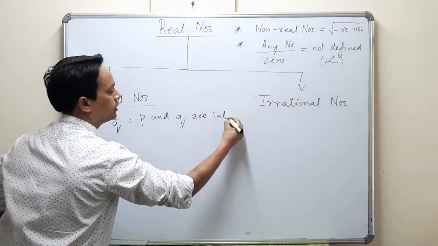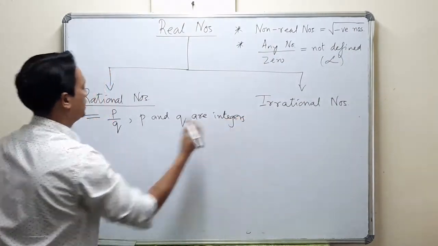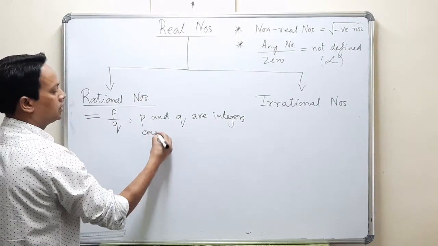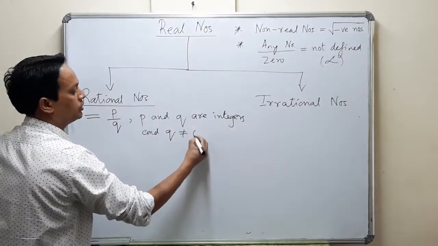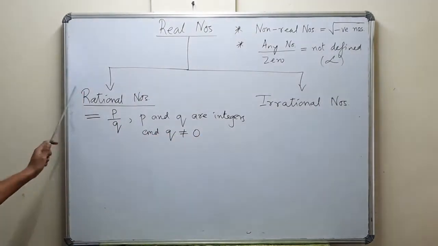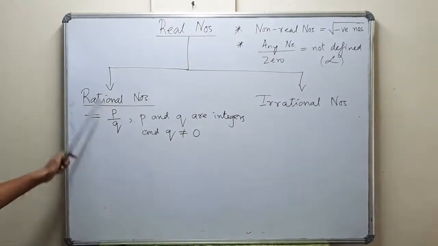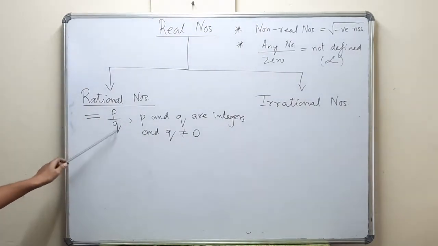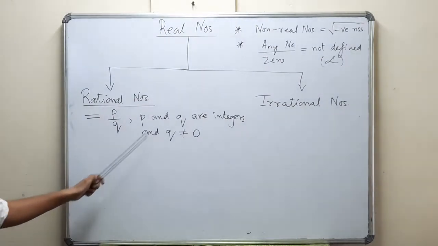Now remember, we have already discussed which are integers, and Q is not equal to 0. So rational numbers are those numbers which can be written in the form of P by Q, where P and Q are integers and Q is not equal to 0.